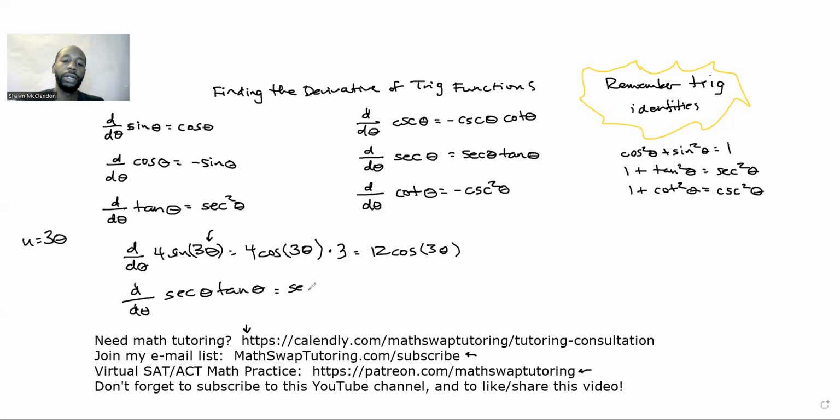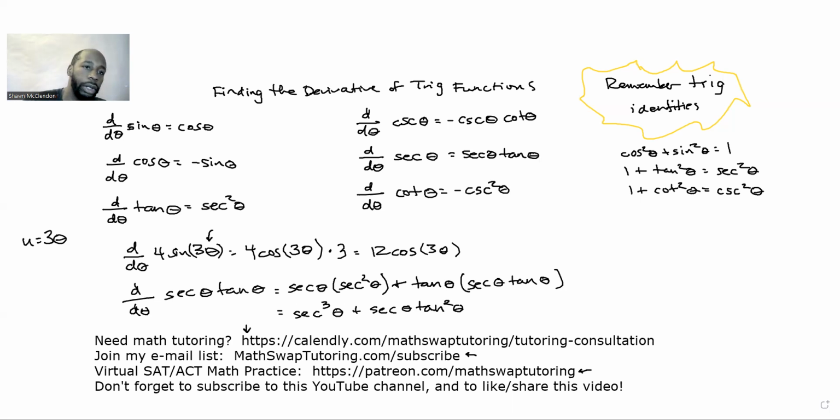The first times the derivative of the second, the derivative of tangent is secant squared, plus the second times the derivative of the first. The derivative of secant is secant tangent. So that's going to be equal to secant cubed plus secant tangent squared.